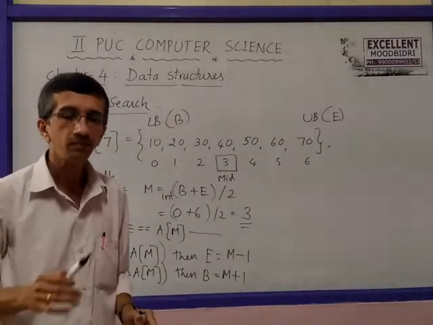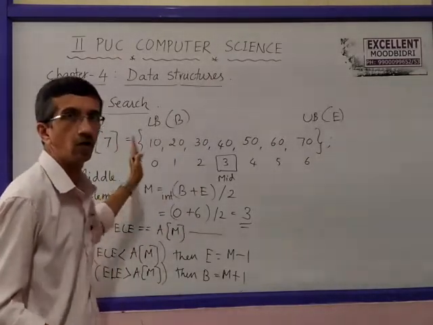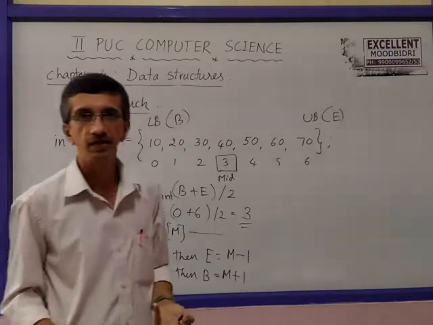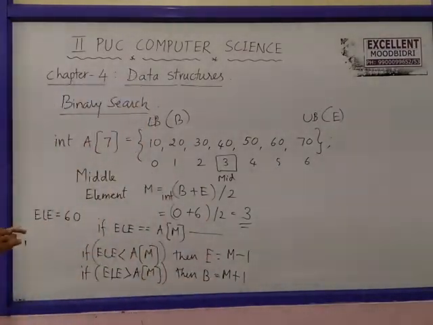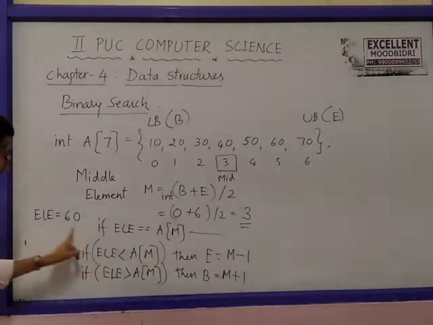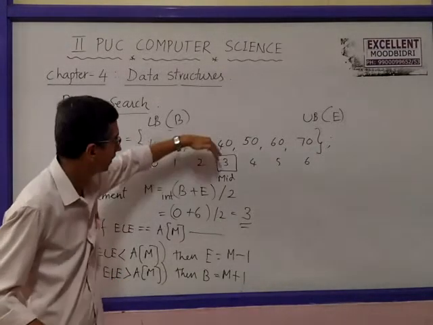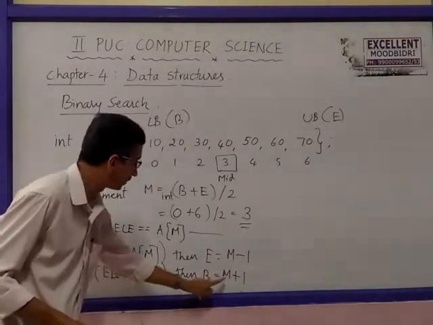For the next comparison, we should leave either the lower half or the upper half from our consideration. We should take only one half. In this case the search item is 60, which is more than the mid item 40, so we should leave the lower half and consider B equal to mid plus 1.